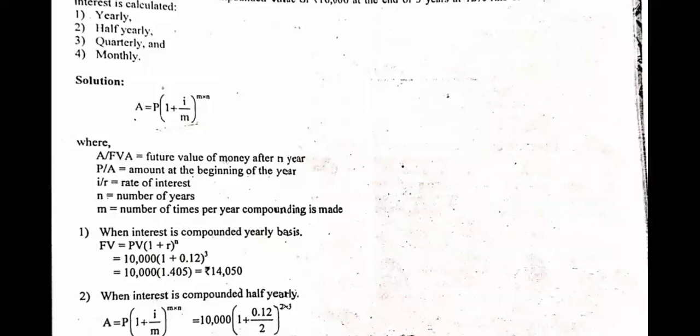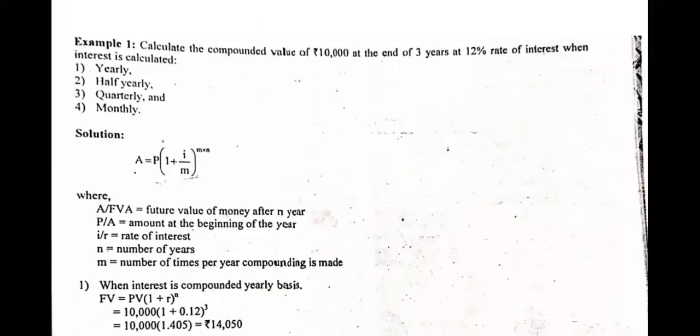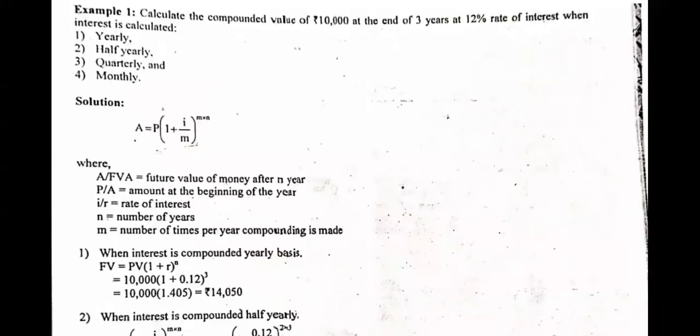Okay, let us go for the first part. He has told us yearly compounding. Yearly compounding means in a year there is one time compounding done for your principal amount. So when interest is compounded yearly, future value equals present value into bracket 1 plus r raised to n. Here present value is 10,000 into bracket 1 plus rate of interest 12 divided by 100, that is 0.12, raised to 3.